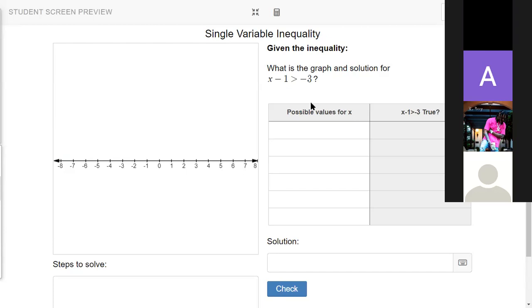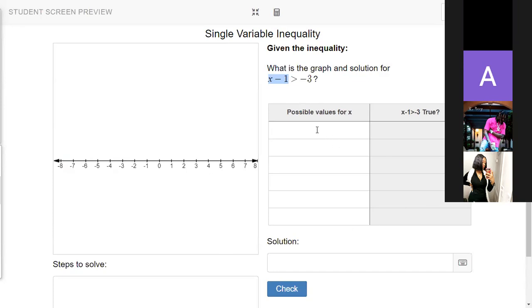All right, looking at slide 7, this one might be a little trickier. So let's go through this process. What's a number I can subtract 1 from and it's still greater than -3? What do you think, Ayana?